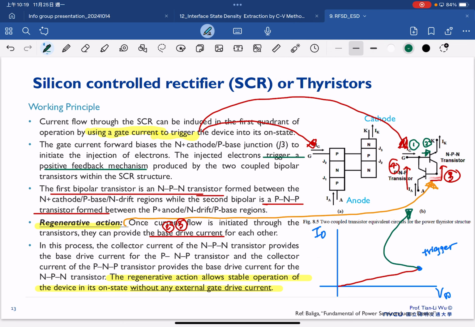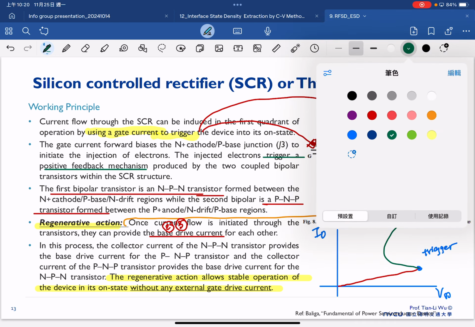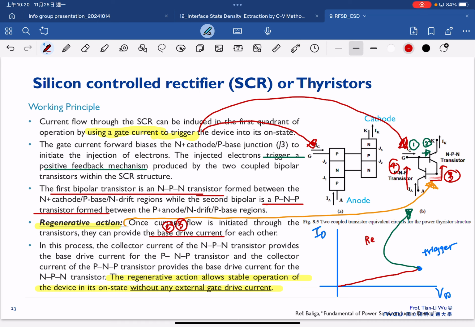This current shooting is due to these regenerative actions. This causes the issue that we call the latch-up event.